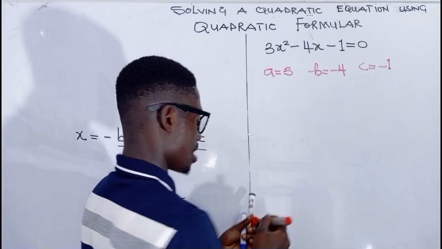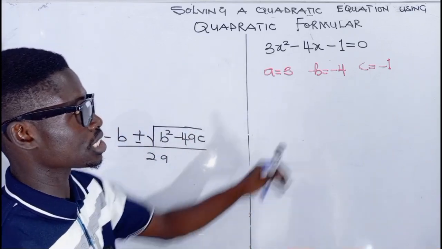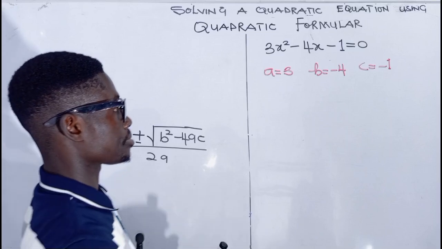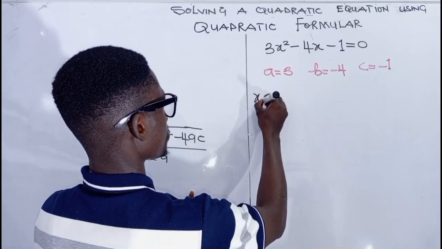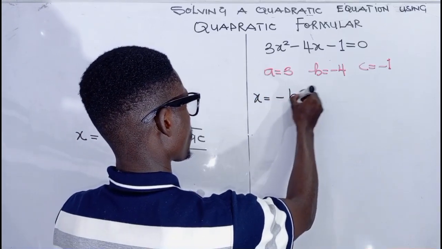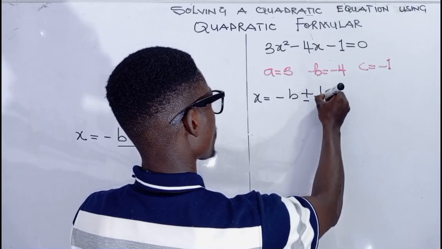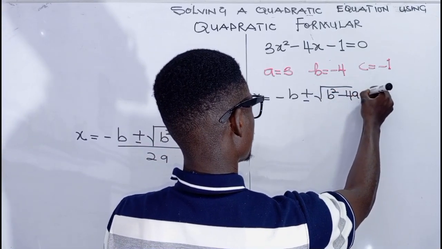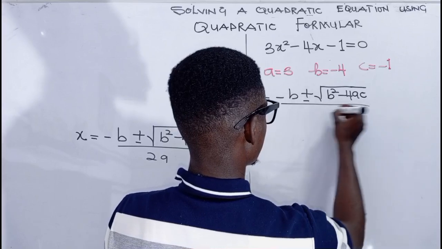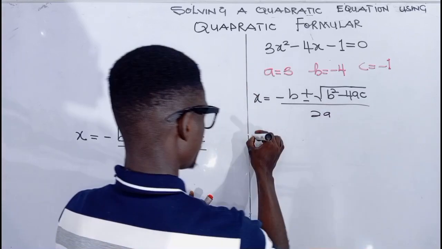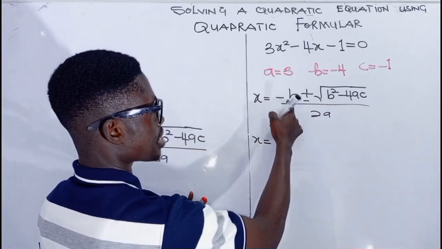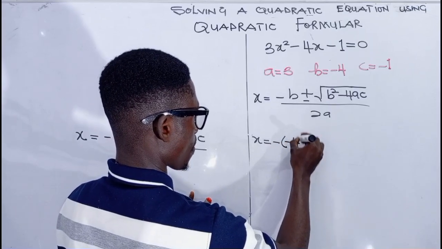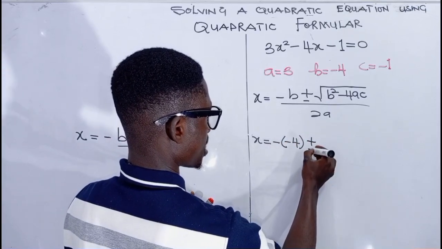Now, once we have this, we are just going to plug in. We are just going to substitute this into this formula. Now our B is minus 4, so we have minus 4 plus or minus.